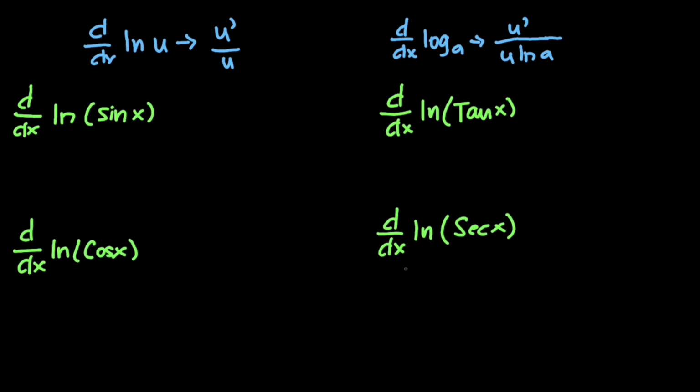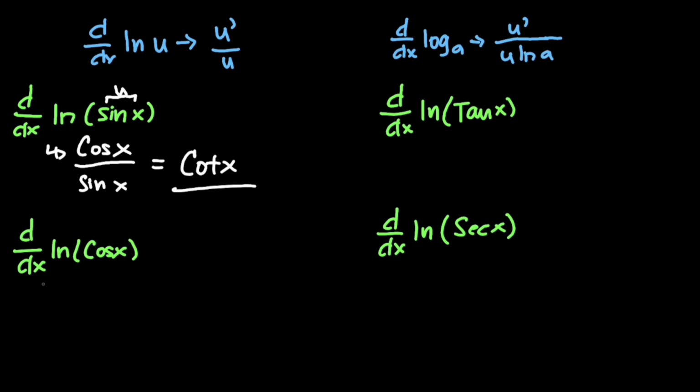Let's try trigonometric problems on logarithmic formulas. Derivative of natural log of sine of x here. The derivative of sine of x will be cosine of x over u here, which is sine of x. The final answer will be cotangent of x based on the trigonometric identities.